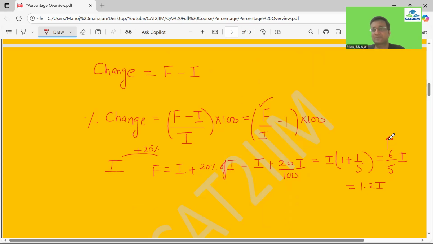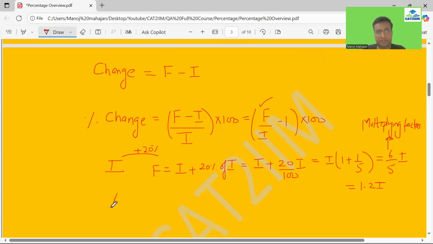This number 6 by 5 or 1.2, I am terming as the multiplying factor. In a lot of questions, we're going to use the concept of the multiplying factor to make things easy for us. If we know the multiplying factor, we can get the percentage change.